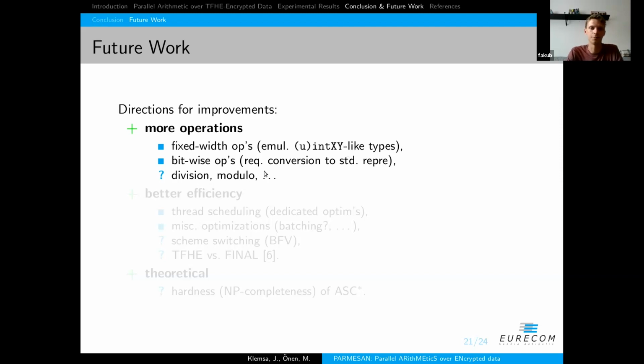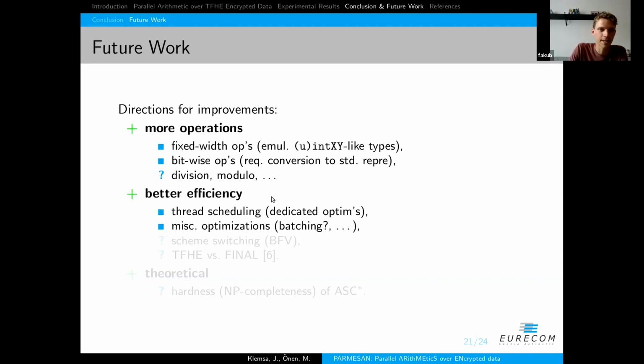There is a problem with signed binary representation, so this would require conversion to the standard binary representation. There's a question mark with division and modulo, because this might give not a number. This might require forks, and forks are definitely not convenient in homomorphic encryption.